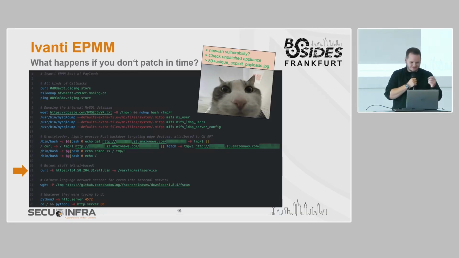Then we had some run-of-the-mill Mirai-based botnet stuff that was floating around, and some hands-on keyboard activity where they downloaded a network scanning tool in Chinese language and tried to probe around the network a bit to see what's up. And lastly, there were also some more or less script kiddie level activities going on where they started a web server on a non-standard port, and it was blocked by the firewall, of course, so they had to come back and do weird things, but I'm not sure what they were trying to do.